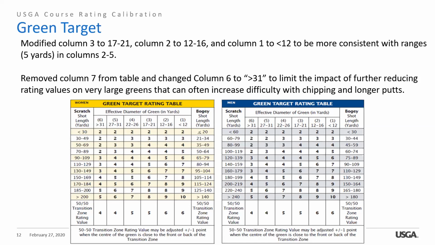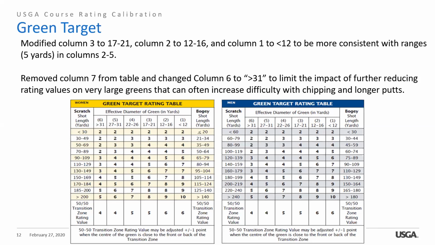Anyways, getting back to this green target. We've modified the columns here, and this is something we will work into our Form 1. We went from 7 columns to 6.